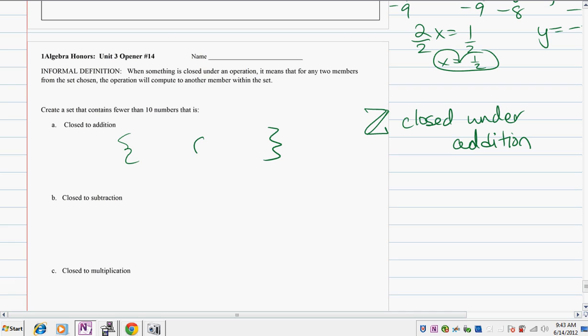What about 0? Is this closed under addition? Well, yeah, 0 plus 0 is 0, so that works. What about this one? 0 plus 1, yes. But 1 plus 1 is 2, so if any two members are chosen from the set, well, I guess these aren't two different members, so what about that?